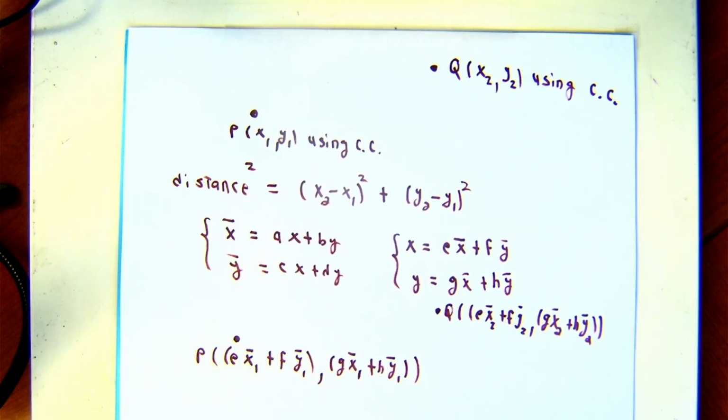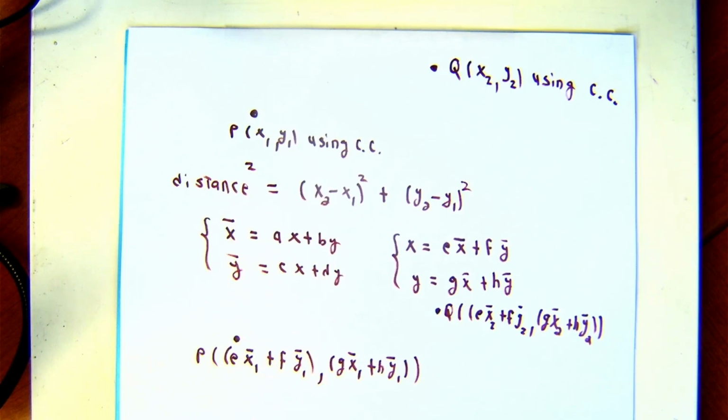These expressions look very strange. I want to emphasize this number is x1, this number is y1, this number is x2, this number is y2. I've just expressed the values of the unbarred coordinates in terms of the barred coordinates.